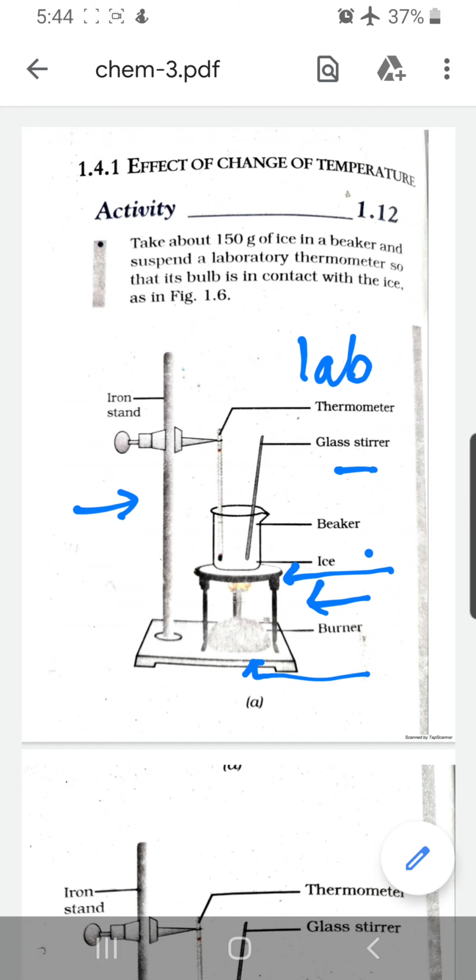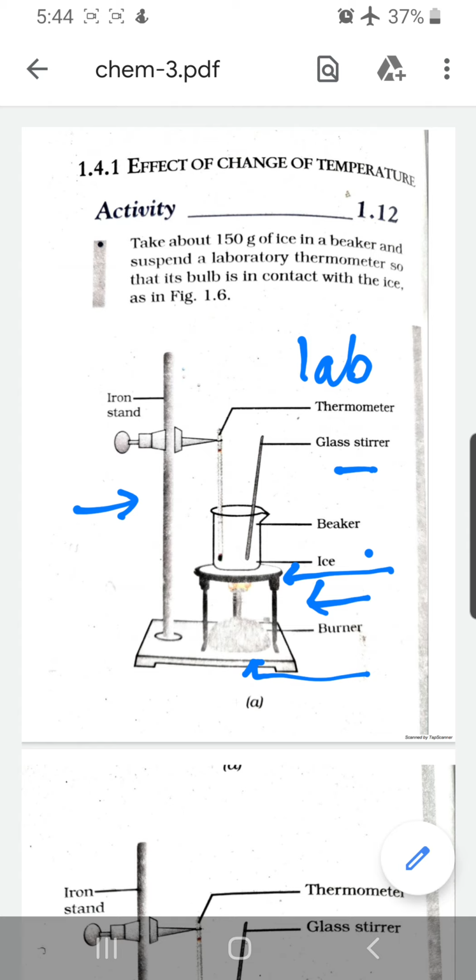We found that when we start heating ice, the temperature in the thermometer increases. A certain stage comes when the thermometer reading does not change, that is, the temperature becomes constant. In case of ice, the constant temperature is 0 degrees Celsius.